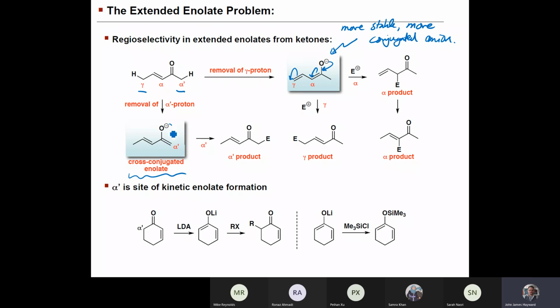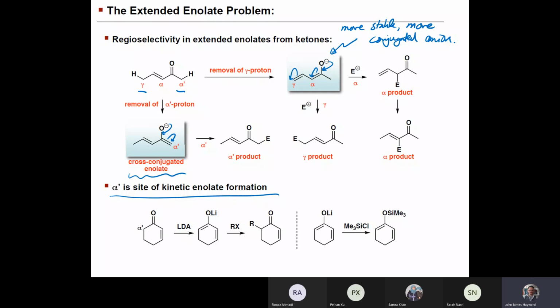With the cross-conjugated enolate, we can only delocalize it onto the alpha prime position. Okay, so it is delocalized over fewer atoms, and as a rough approximation, the fewer atoms an anion is delocalized over, the less stable it is. So a thermodynamic deprotonation is going to be deprotonation at the gamma position to generate the extended enolate. Deprotonation at the alpha prime position is not going to be thermodynamic, but it might be kinetic. And by might be, I mean it is.